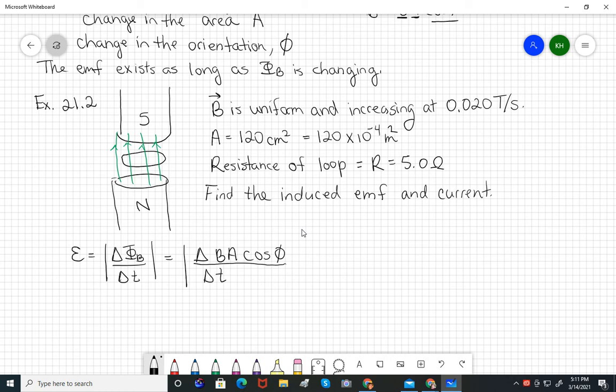And in this case, this is pretty perfect because look what's changing. It's B. We know that the change in B per unit time is this 0.020.